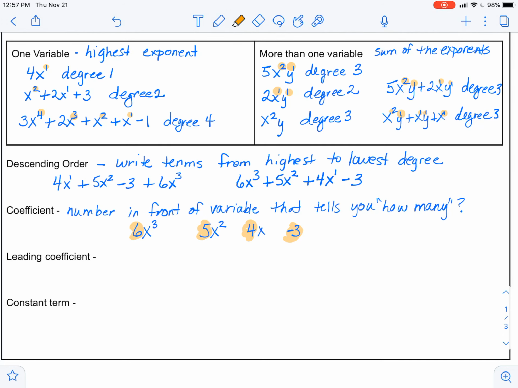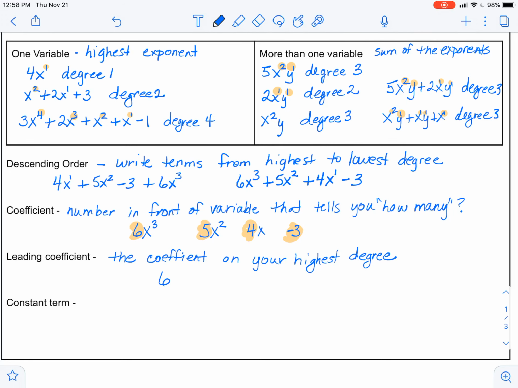Okay? Now, when I look at those coefficients, we also talk about what's called the leading coefficient. And that is simply the coefficient on your highest degree. Okay, so in this case, my leading coefficient would be 6 because it's on the x cubed.